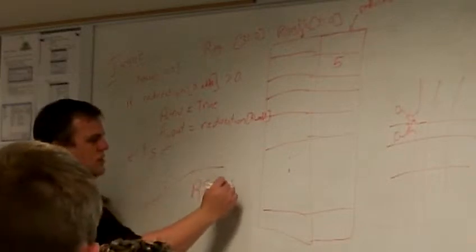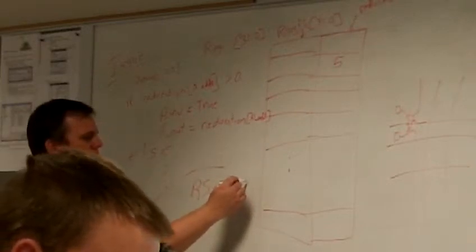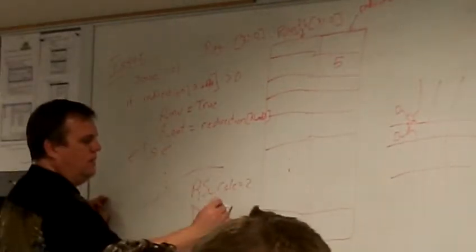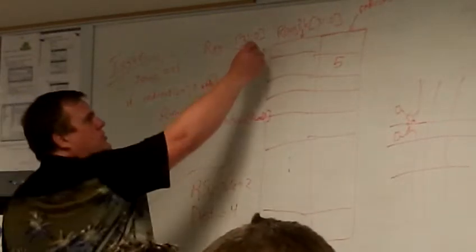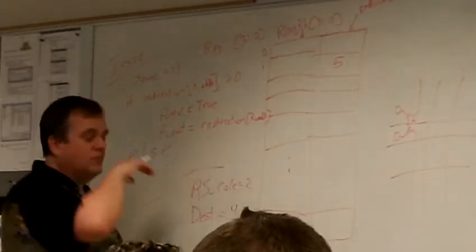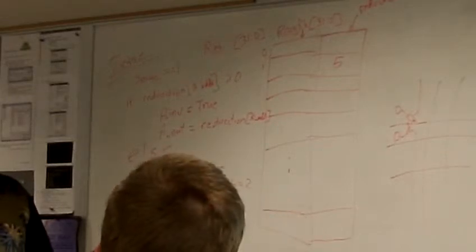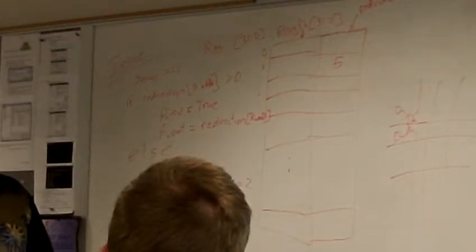RS calculating was 2, and dest was equal to 4. What should I do in this file? Let's just call this 0, 1, blah, blah, blah. What do I do? Calculating 2 means it's the second reservation station that's calculating?